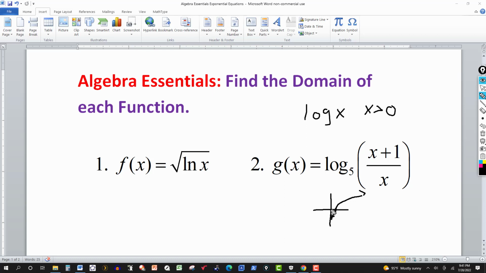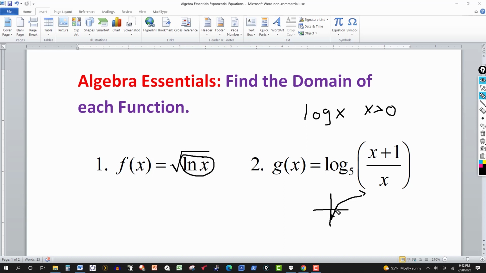Between 0 and 1, the graph falls below the x-axis, so it's negative. This would be negative in here. So when we talk about domain, we're talking about real numbers. So this would not be defined if x is slightly between 0 and 1.